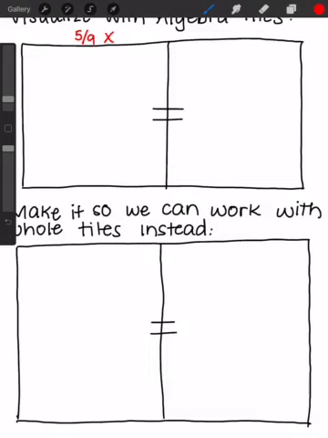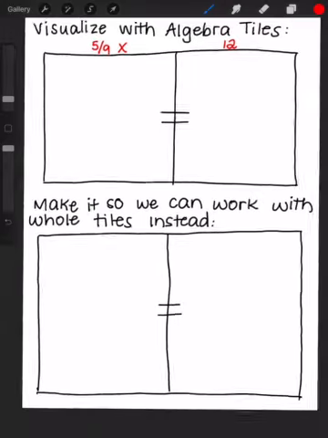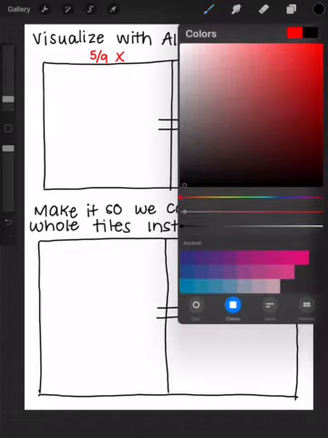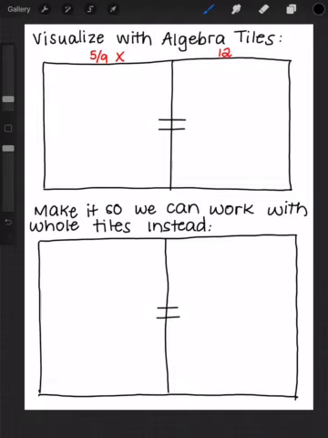On the one side of the equation, we have 5/9 x. On the other side, we have 12. Because we don't have a tile that's actually called a 5/9 x tile, I'm going to take my x tile, which is my rectangle, and split it into 9 pieces.